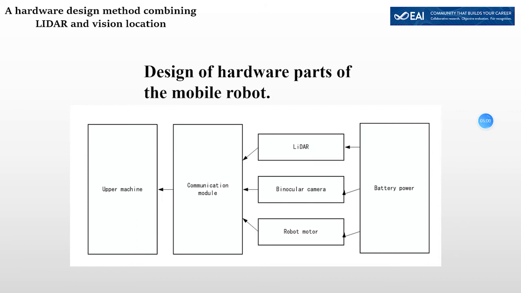Then the data is processed by the communication module and transmitted to the upper computer, to let the operator know how the robot is moving.